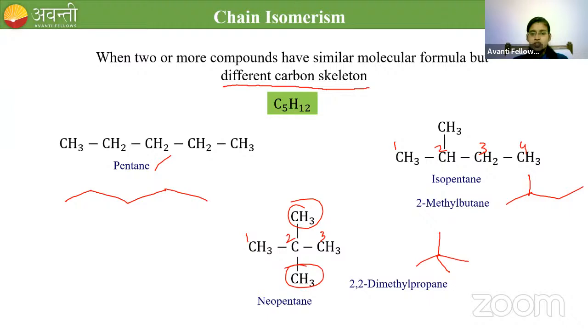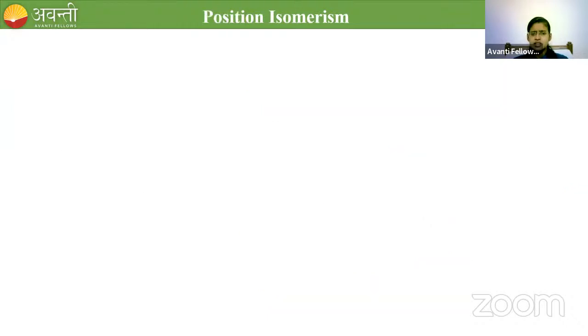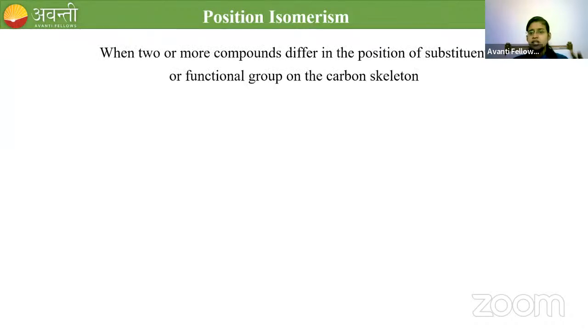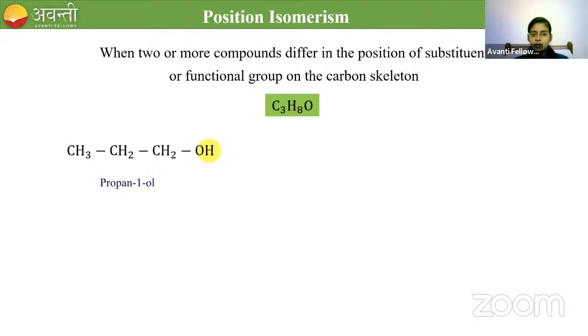The second type of isomerism is called positional isomerism. What is this? When two or more compounds differ in the position of the substituent or functional group on the carbon skeleton. Let us take one example: C3H8O. For C3H8O, propan-1-ol is one example and propan-2-ol is another. In both compounds, we have 3 carbons, 8 hydrogens and 1 oxygen.